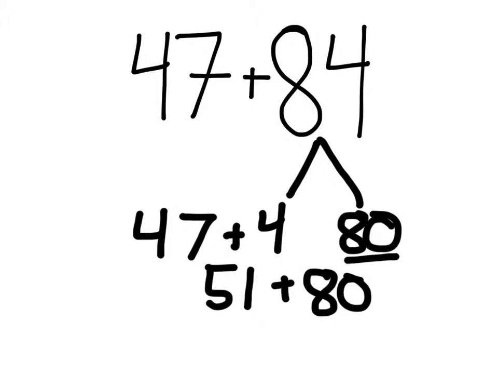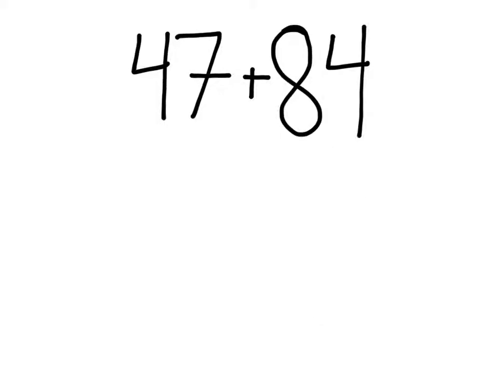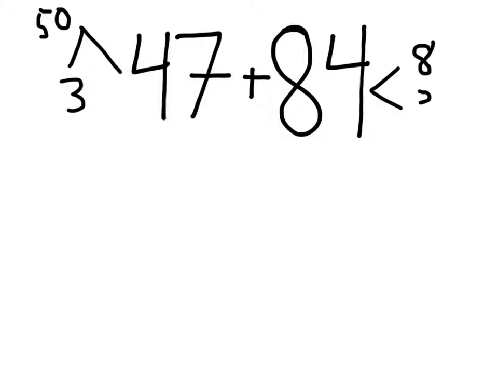And now I've gotten rid of any need to regroup, so this problem becomes a little easier for us to solve. I can also look at 47 and realize that's pretty close to 50 because 47 and 3 are both number bonds for 50. So I'm going to add 3 to 47, and to balance that I have to take away 3 from 84, which means me 81.